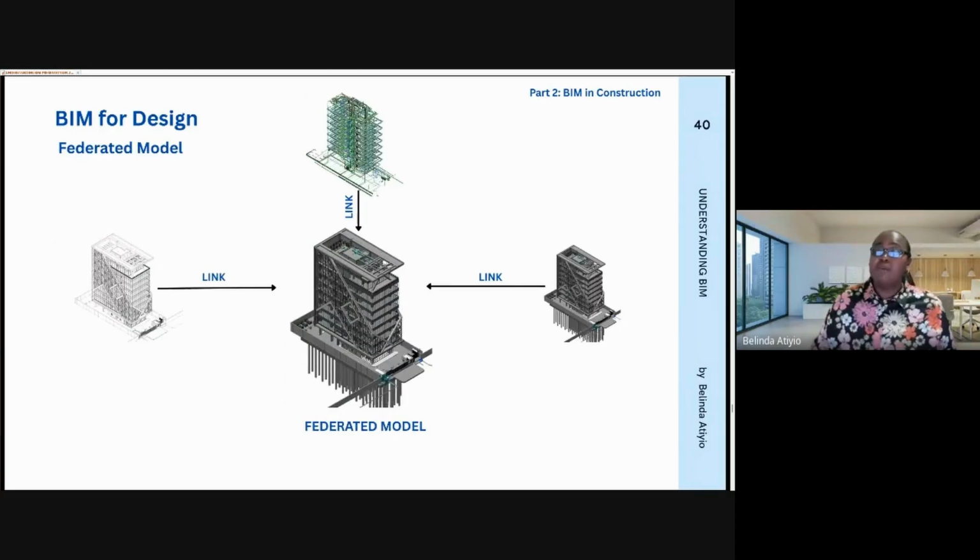So at the end of the day, what we do is we link these models together, and then we have a federated model. Now with this model, we're able to do VR, we're able to take all the information we needed, amend those things that needed to be amended, and correct those things that needed to be corrected.